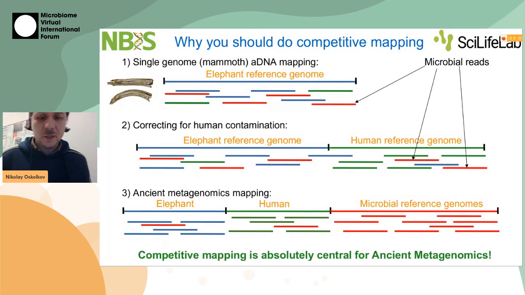And this is what is called competitive mapping, which is absolutely central for not only ancient metagenomics, but also the modern metagenomics field. And I hope you can see what I was doing here. I was actually increasing the database size by constructing this grand reference genome, concatenating the elephant, human, and microbial reference genomes. I was increasing what people call database size.